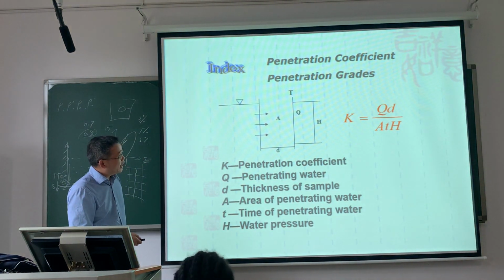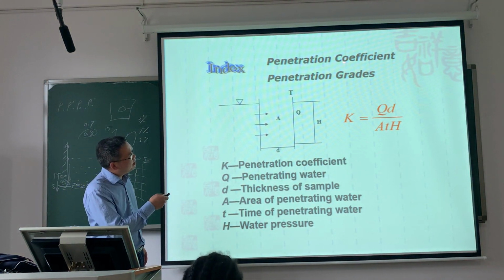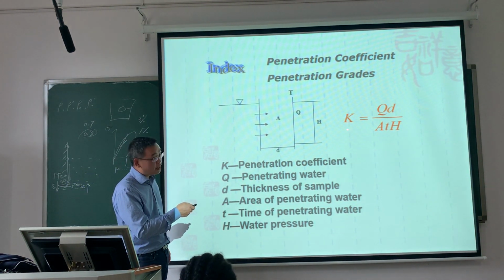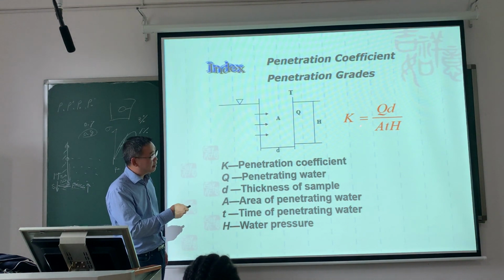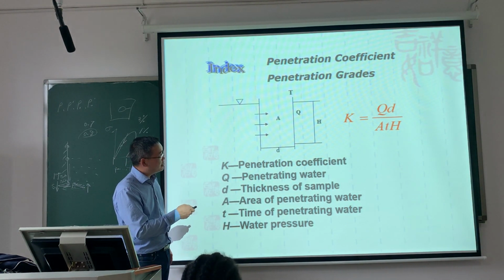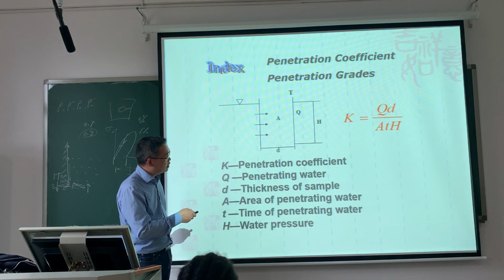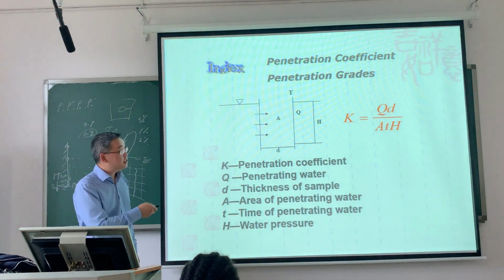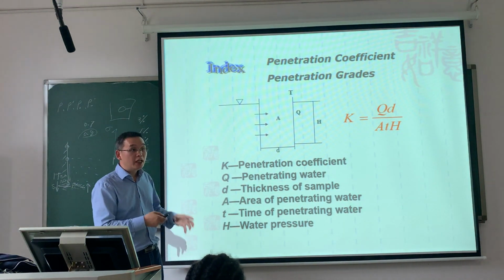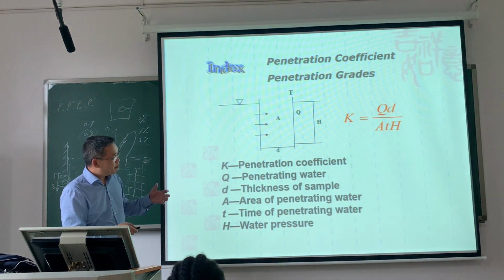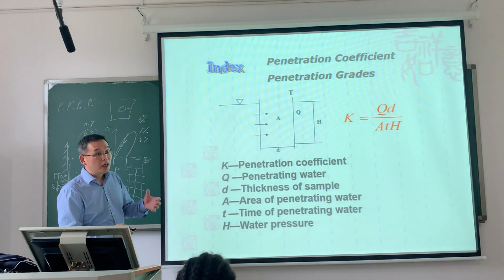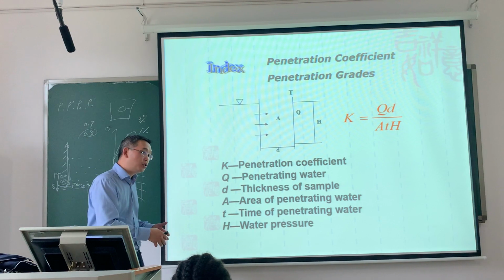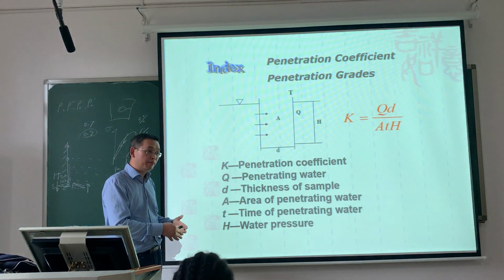For the penetration coefficient, if this value is big, it means the impermeability of this material is bad. It means the water can easily get into the material.